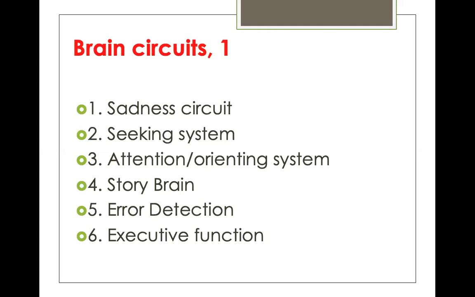So there are brain circuits that subserve all of these functions. And this is the challenge, because if we're going to work within research domain criteria, we have to throw away our cookbooks, our DSM, and begin to study the neural circuits.